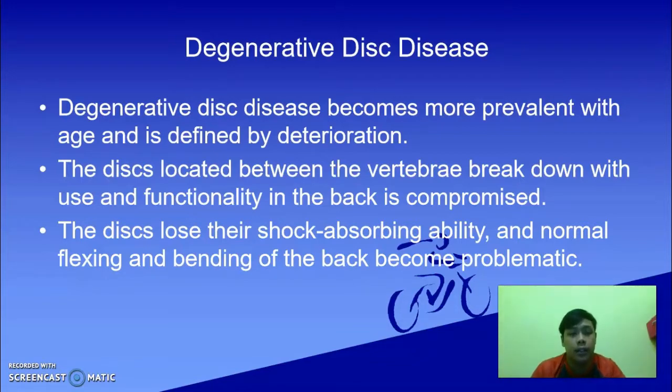The next spine injury is degenerative disease. Degenerative disease becomes more prevalent with age and is defined by deterioration. The discs located between the vertebrae break down with use and functionality in the back is compromised. The discs lose their shock absorbing ability and normal flexing and bending of the back become problematic.